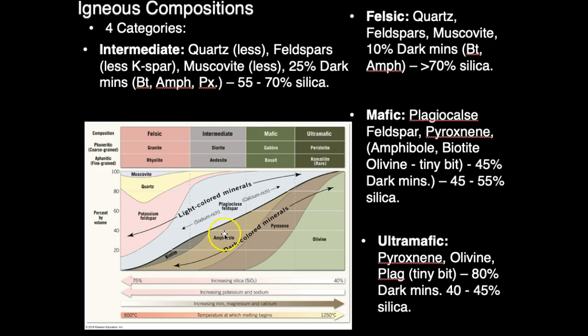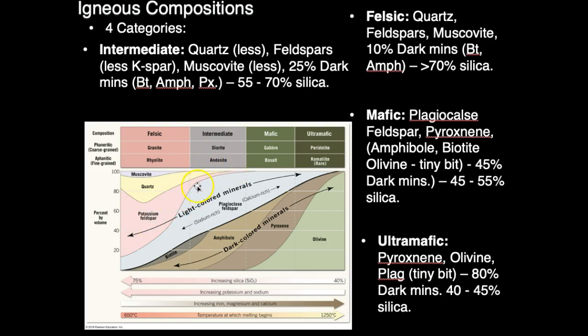The next column over is intermediate igneous rocks. So intermediate igneous rocks tend to be a little bit darker than felsic, because now they contain a larger amount of darker colored minerals. So intermediate rocks contain things such as quartz and feldspars, with less potassium feldspar than felsic rocks by a lot.